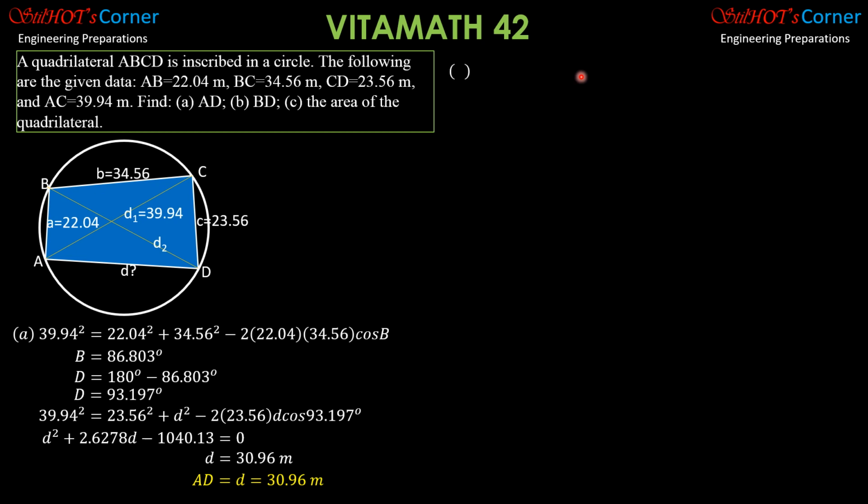For part B, let's apply Ptolemy's theorem. The product of the diagonals, diagonal 1 times diagonal 2, is equal to the sum of the products of opposite sides, AB times CD plus BC times AD. So diagonal 1 is 39.94 times diagonal 2, D sub 2, equals 22.04 times 23.56 plus 34.56 times D, 30.96.